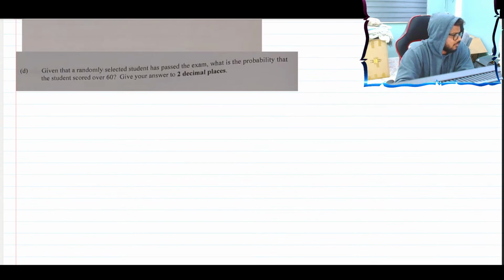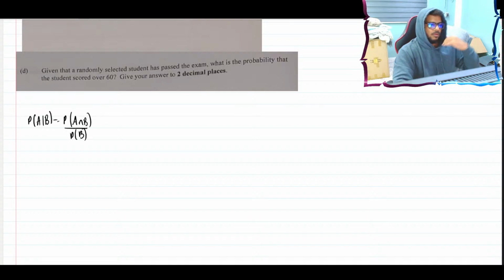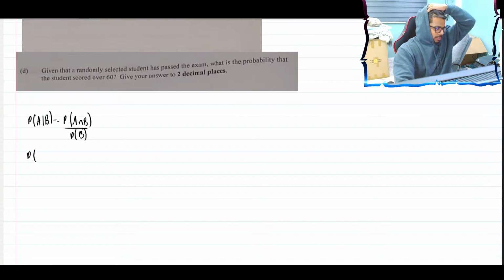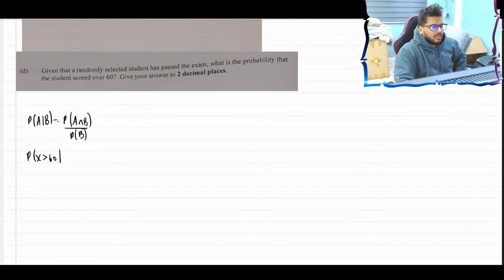So if we let A, well, the probability of A given that B has occurred is the probability of A intersect B over the probability of B. So we want to know the probability that a student passes the exam. Let me say the mark is X. X is greater than 60, given that the student passed the exam.